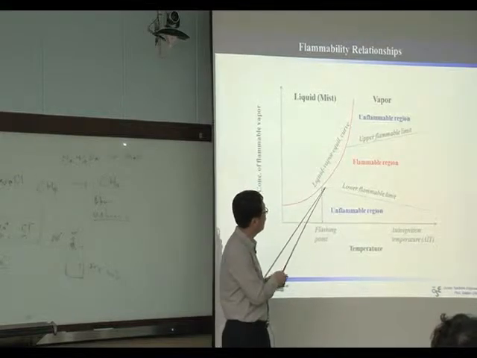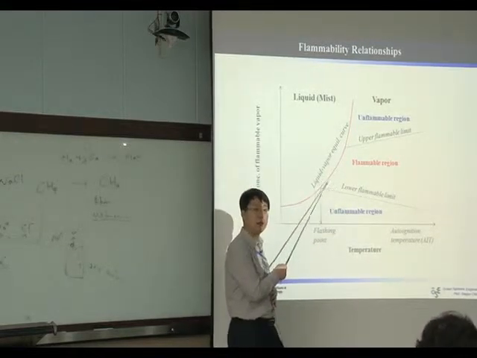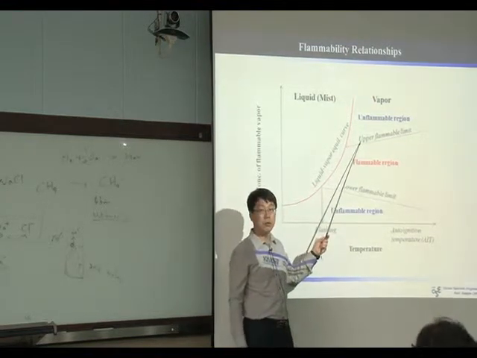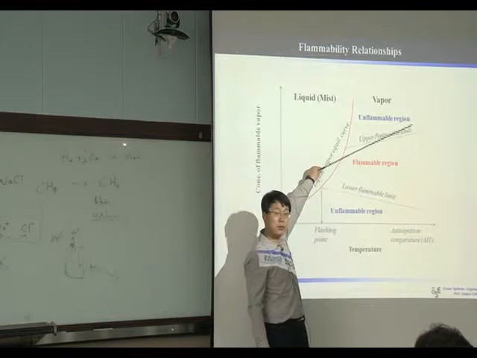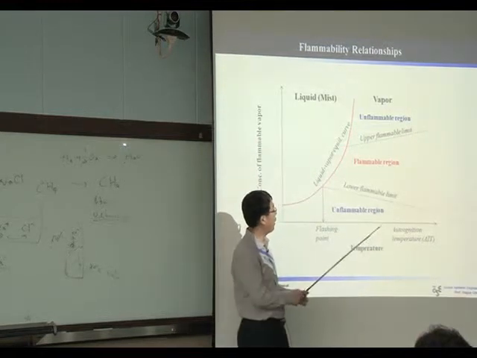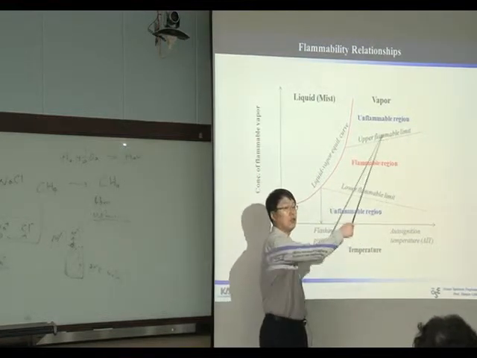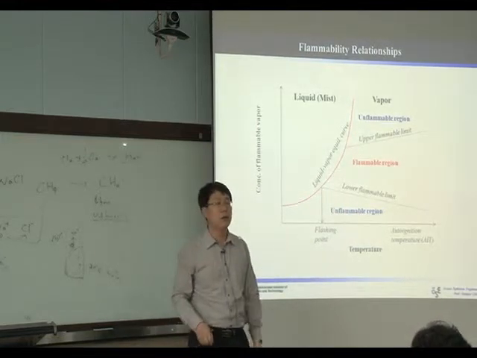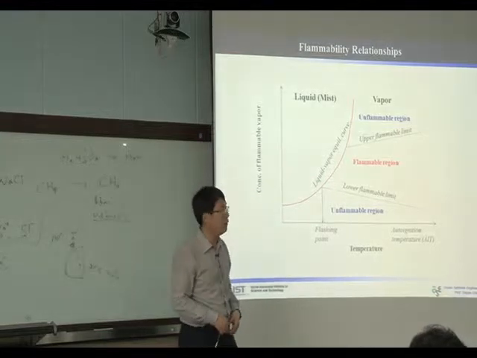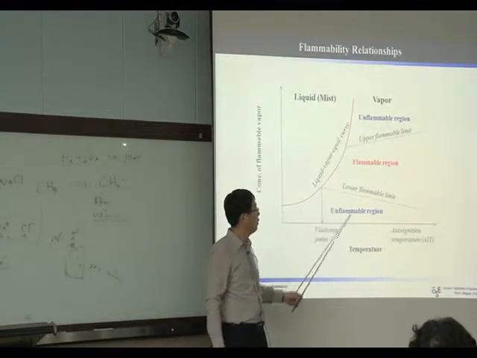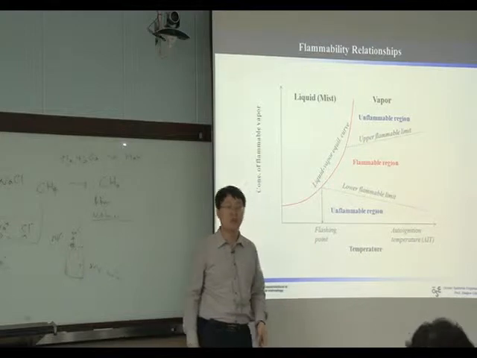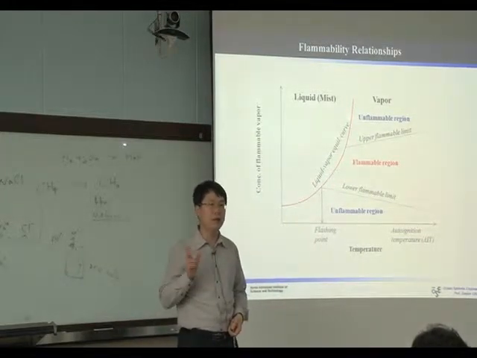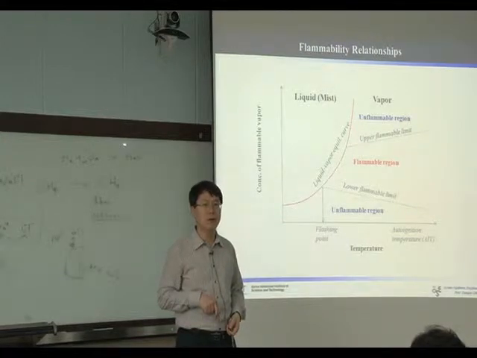And the LFL or LEL decreases with temperature. UFL or UEL increases with temperature. So at higher temperature, the ignitable region is wider than that at lower temperature. Is it consistent with your insight?